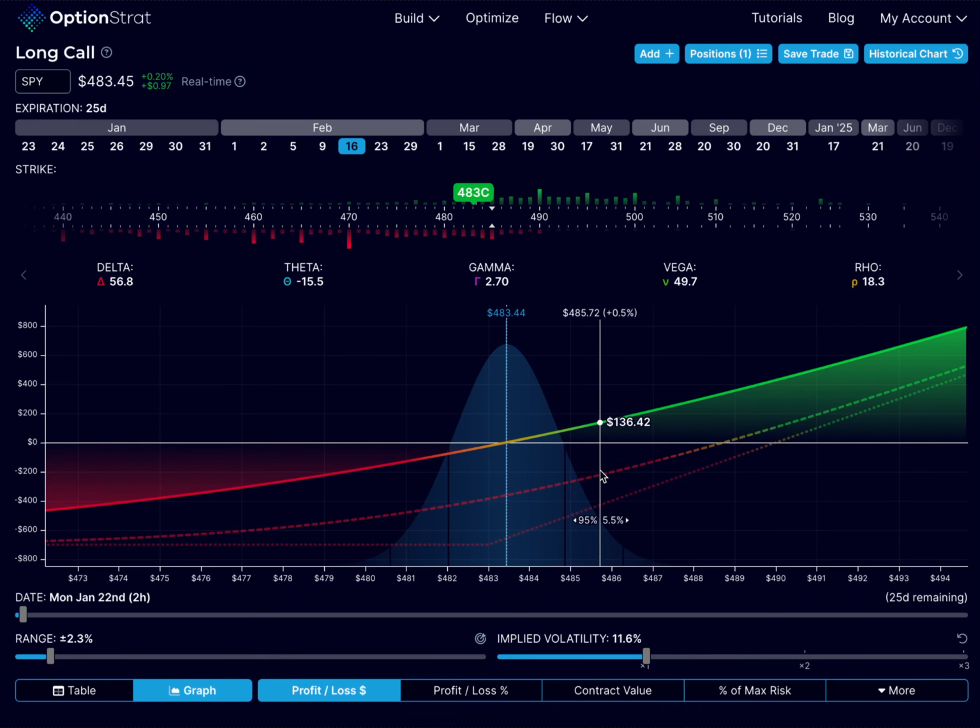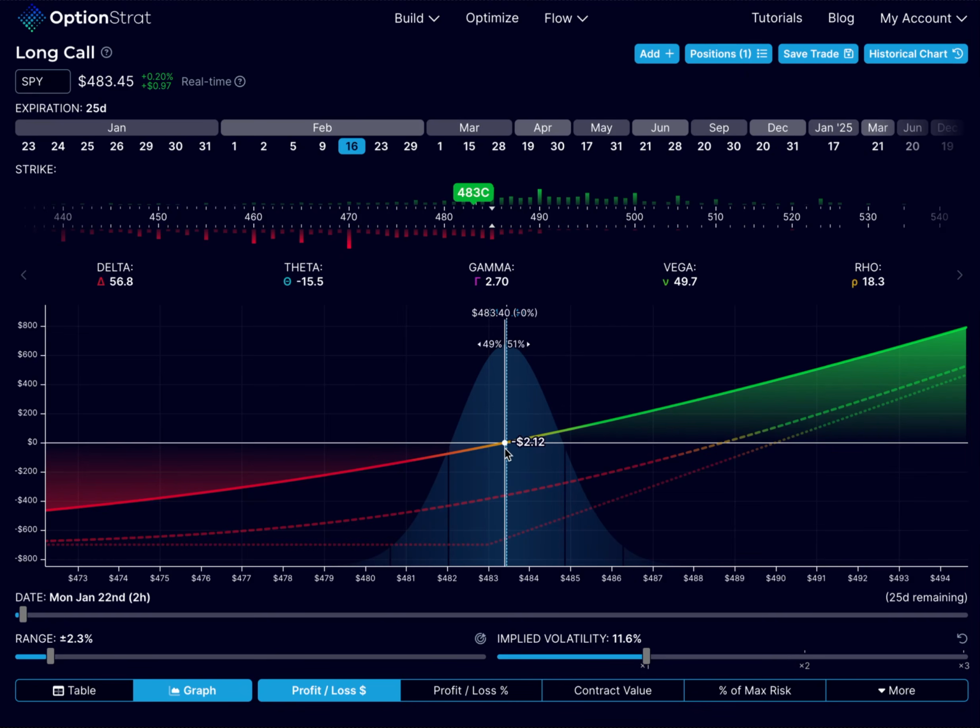Halfway through my trade, in other words, if I'm in a 10-day trade, or in this case a 25-day trade, at 13 days through, I'm going to be essentially at this bolder dashed line. At expiration, I'm going to be down here at this more finite or small dashed line. So that's what this plots out for me.